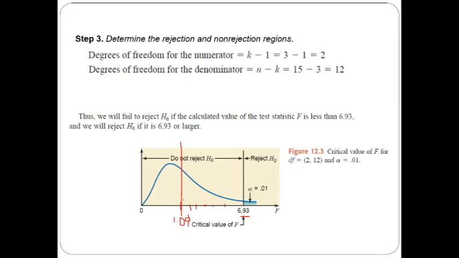I-accept, ma'am. I-accept natin sino? Sino ang i-accept natin? Null hypothesis. Okay, tama siya. Kasi yung value natin ng F natin is nandoon siya sa area na ang sabi dito is do not reject si H sub 0 or we need to accept the H sub 0.